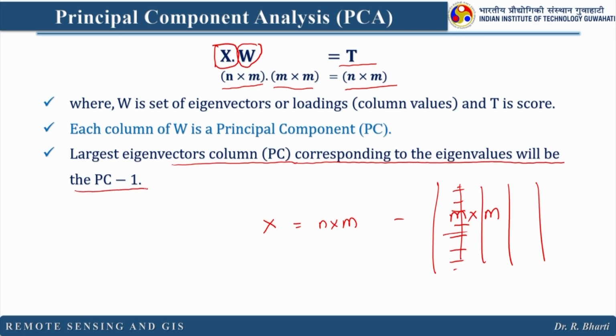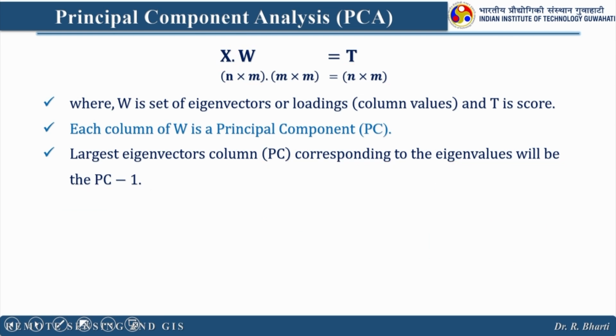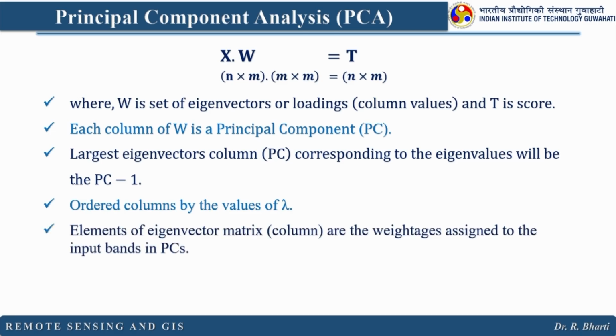So here PC1 will be the first column of W, and this W will be ordered by this lambda. So the larger lambda value will be in the first column, and that will be called principal component 1.